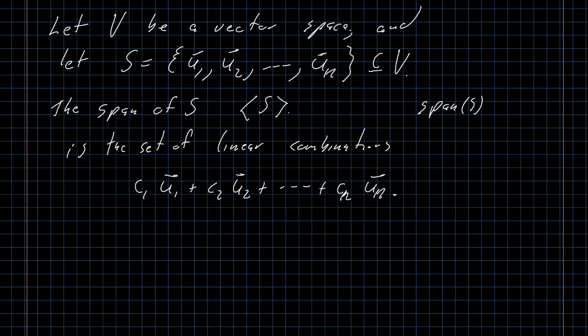And the span of the set is the set of all the linear combinations, C1U1 plus C2U2 all the way down to CKUK.